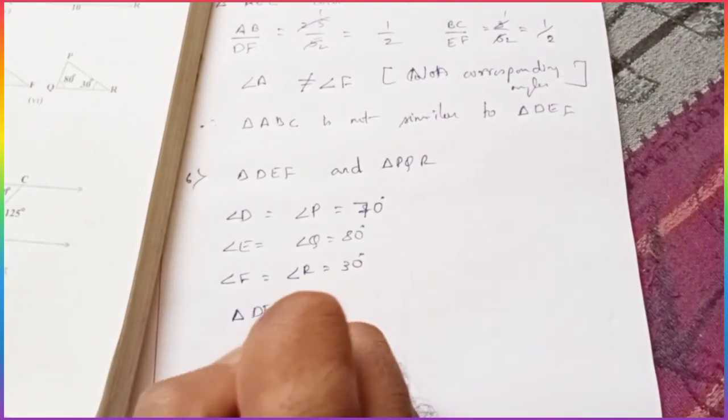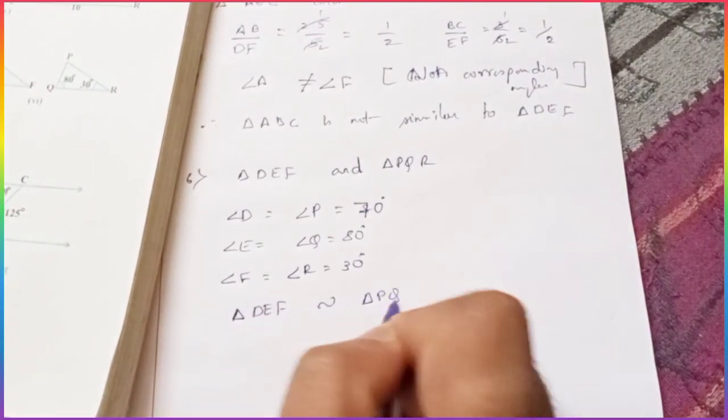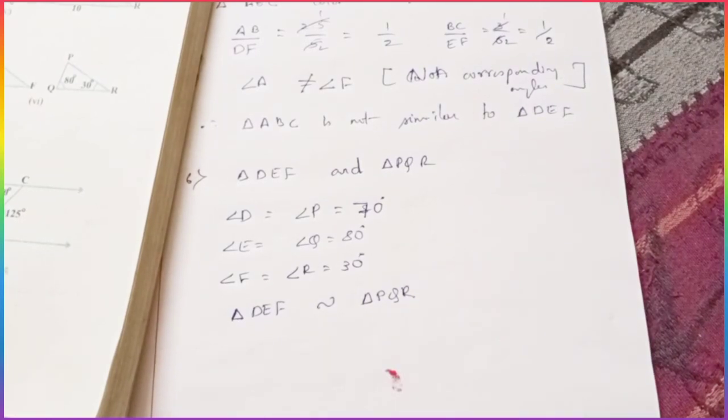Therefore, triangle DEF is similar to triangle PQR. So this is how we identify similar triangles. If they are not similar, we can identify it with respect to the given measurements. I hope that you have understood this particular question.